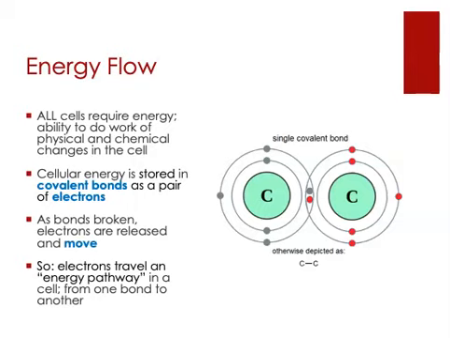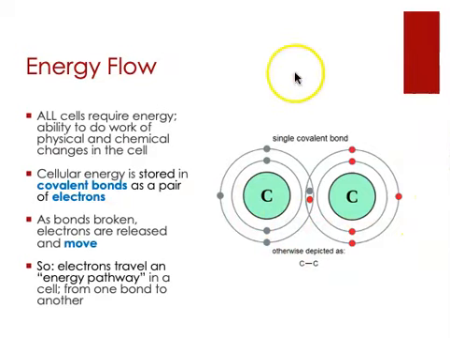And when electrons get released, they move. So we talk about electrons traveling in what you can think of as an energy pathway in a cell. When a bond gets broken, the electrons get released, they flow, they move until they are then put back into a new covalent bond between two atoms.